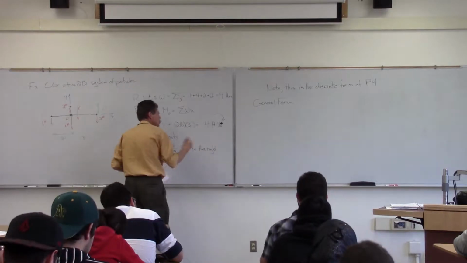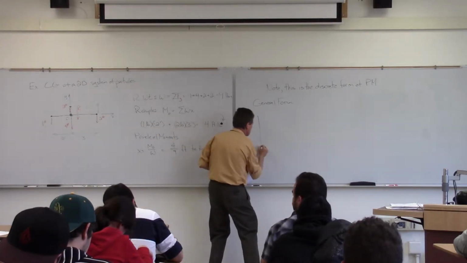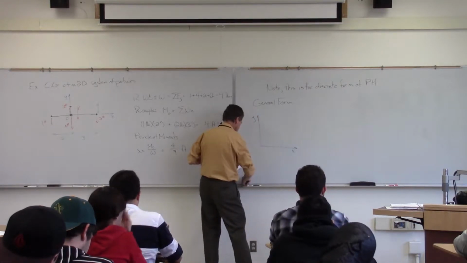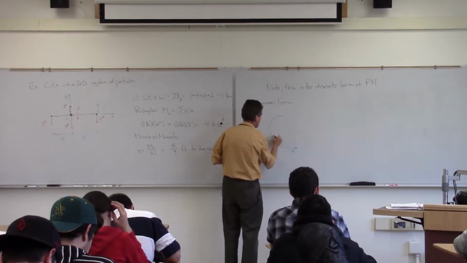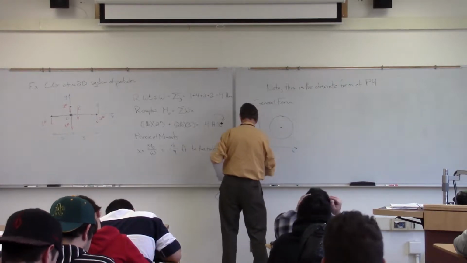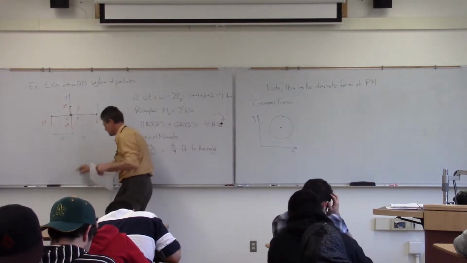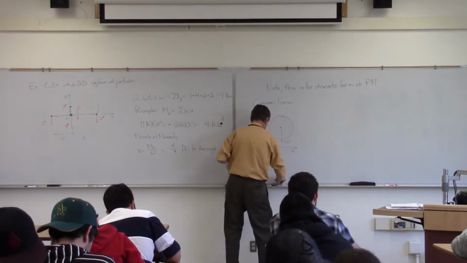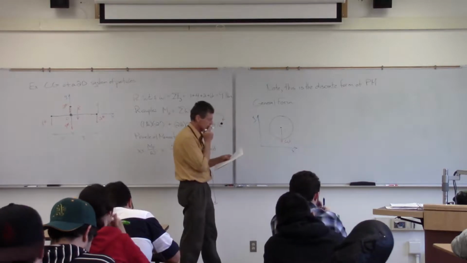So when we set up the general approach to this, again, we're going to establish some sort of an axis system. So we'll have a body that'll have a fixed weight.